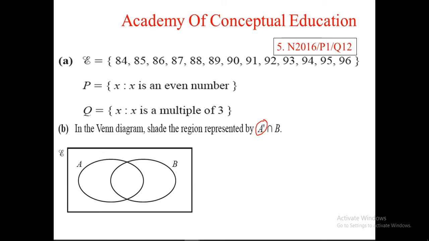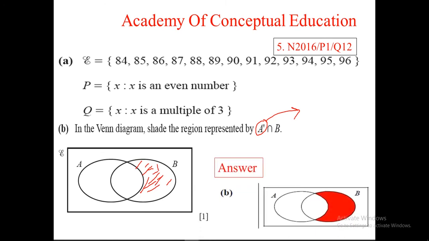A complement means we have to eliminate the elements of A. So the answer will be this region of B as the shaded region, because A complement means we eliminate A, and then we take the intersection, or the common section, with B. So this section will be the final answer.